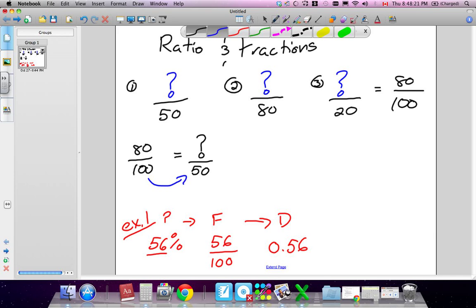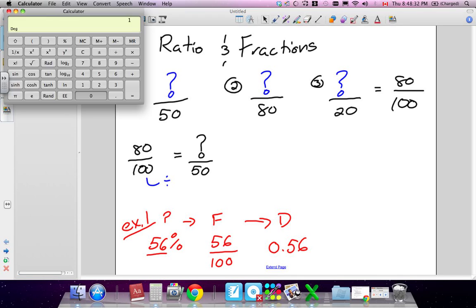Let's try it. If I divide 100 by 50, what do I get? 2. How much of 100 is 50?